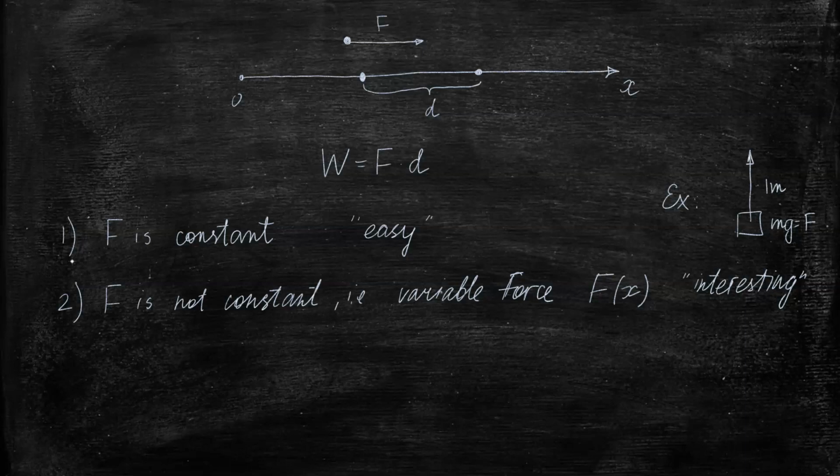So now that we understand the difference between applying a constant force and applying a variable force, let's once again set the stage and figure out the formula for computing the work done by a variable force acting along some line, which we'll refer to as the x-axis.